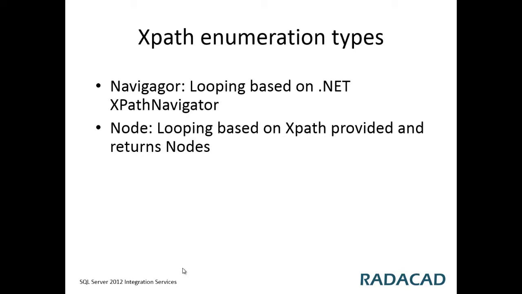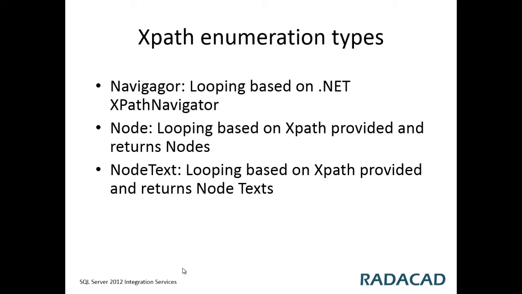Node will loop through the XPath provided string and return all nodes that qualify in that XPath. Node text loops through based on XPath again, but the difference between this one and the previous one is that this will return the text, not the node. So the previous will return an XML node, but this will return a string.